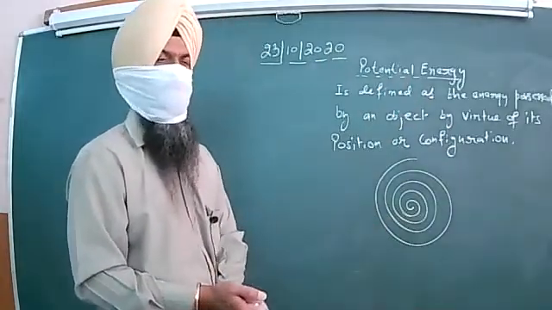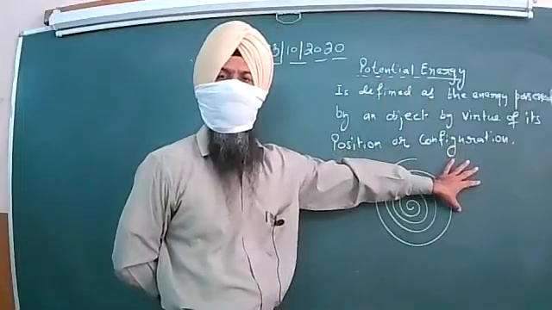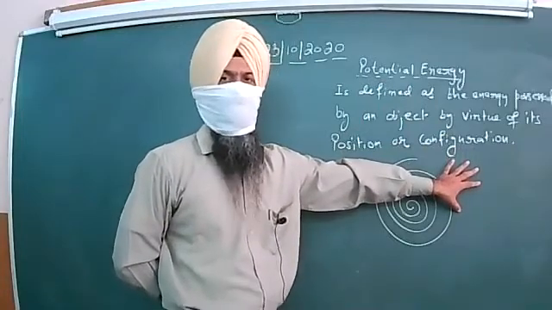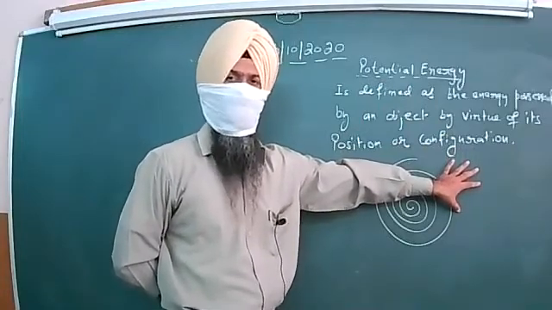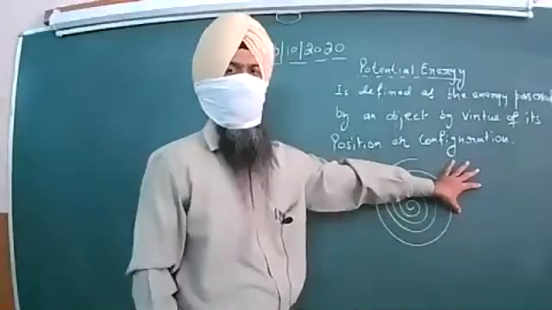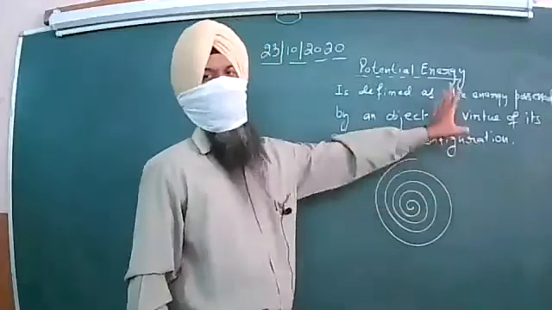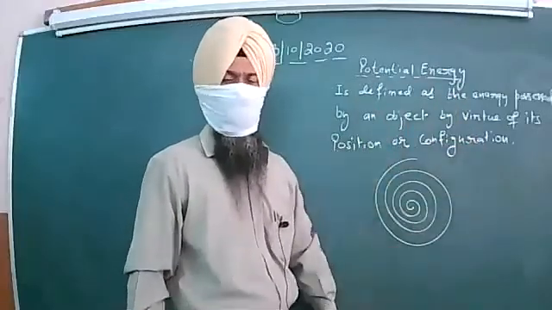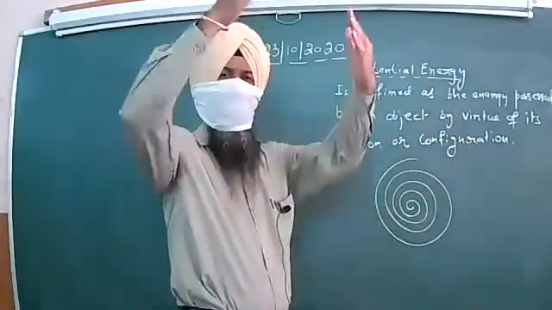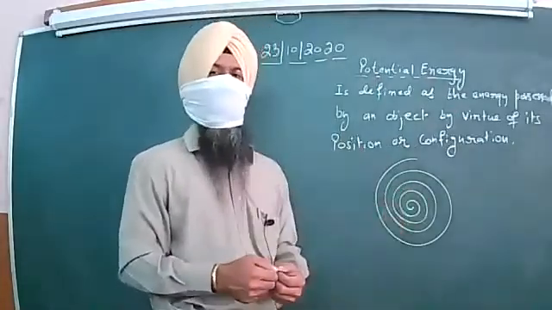So dear students, again brushing up the definition: any object possesses energy due to its position, and secondly due to its configuration, and that energy is called potential energy. Position means height, configuration means spring, as indicated to you.